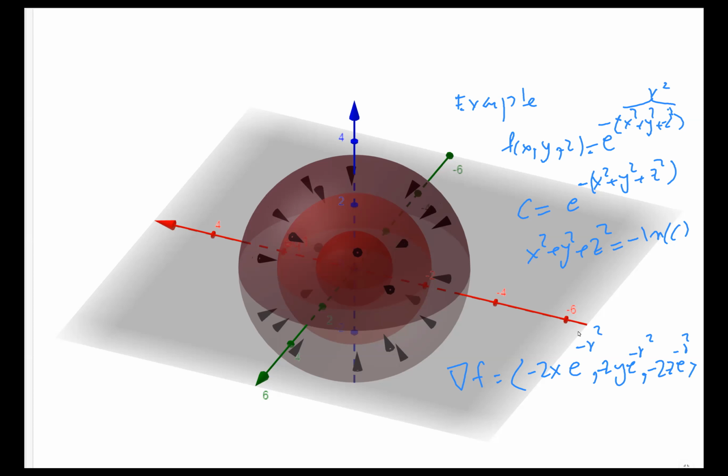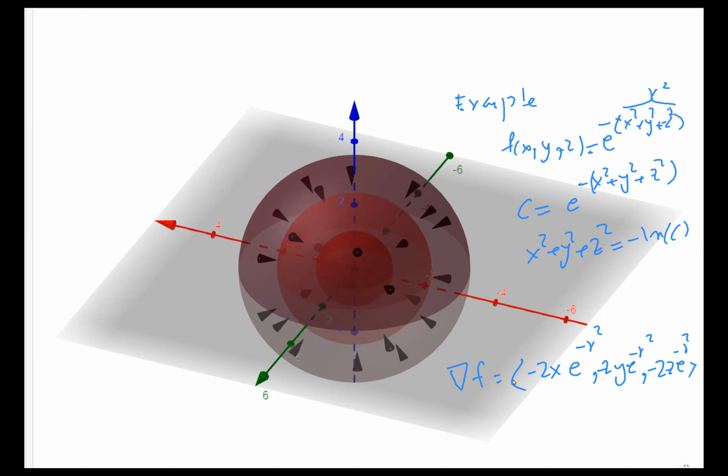And therefore, you can see that the gradient of f, which points to the greatest rate of change, is basically pointing radially inward.